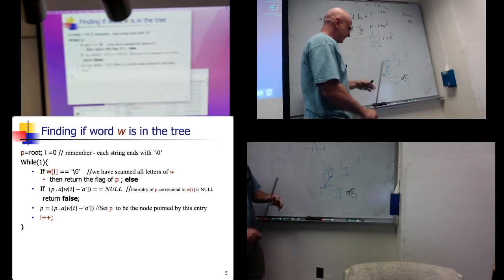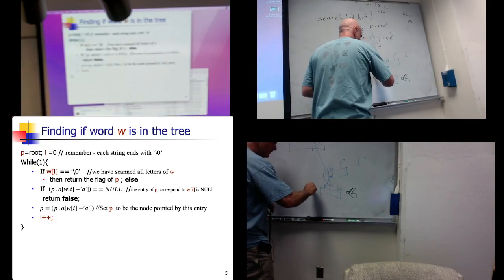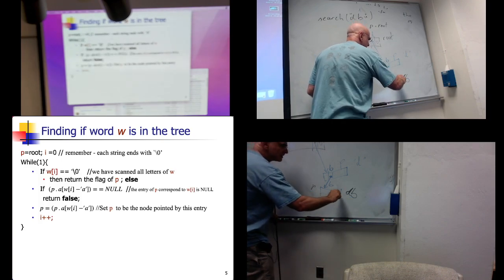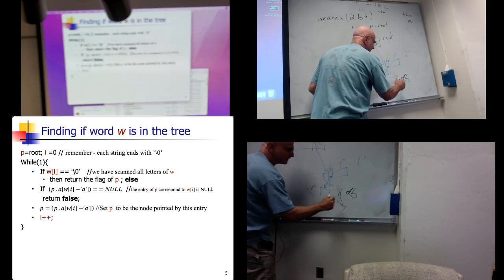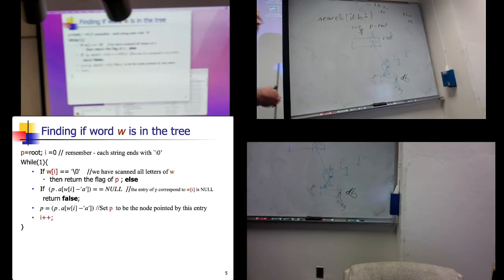I'm looking at this node that corresponds to DB, but the flag of it is 0, meaning it corresponds to a word, but this word is not in my dictionary. It's not a student at the university, so I'll return false. In this case, I just return the flag.